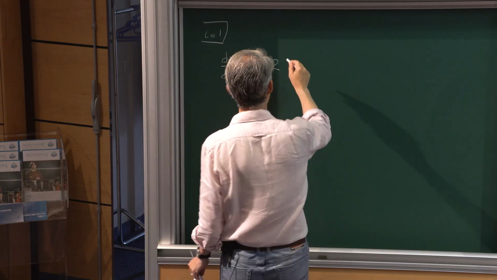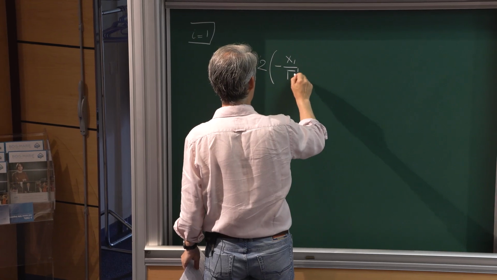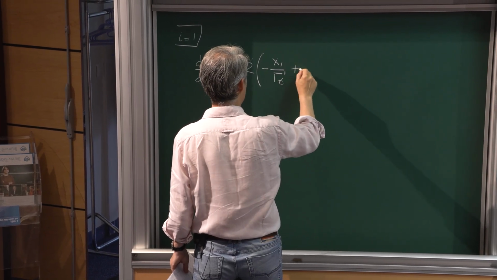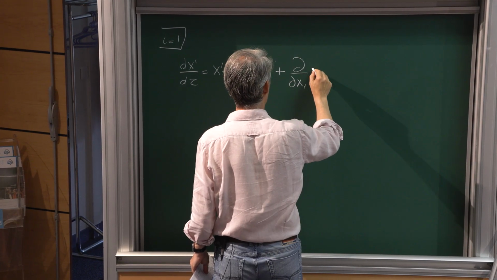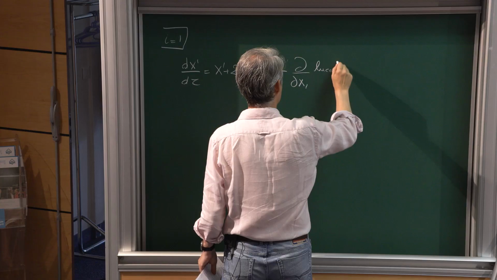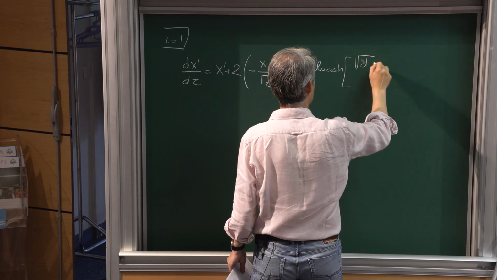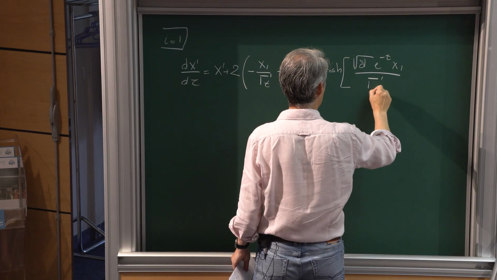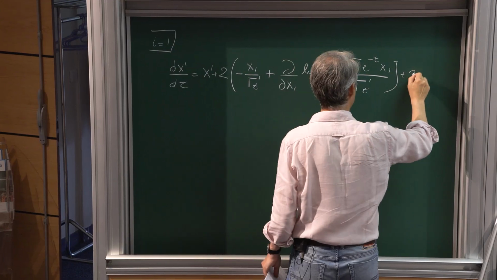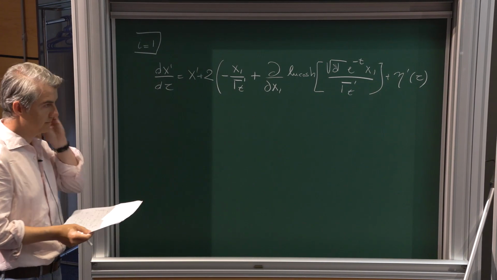we have it there. So there is a term which is minus x1 divided by Γ1(t). And then we have the other term, which is the derivative with respect to x1 of log cosh of square root of d exponential minus t x1 divided by Γ1 of t, plus η1 of τ. Okay.